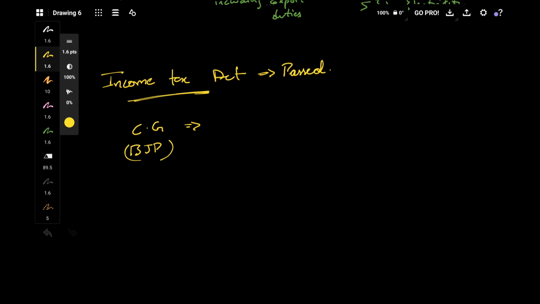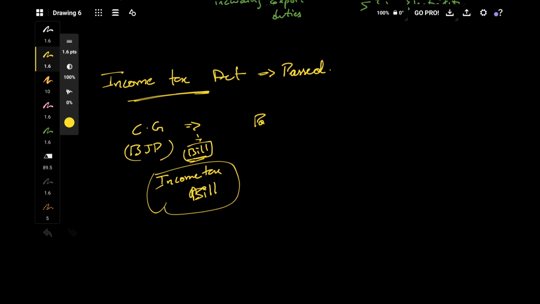First, a bill will be prepared, which is nothing but an act that isn't enforced yet. So the Income Tax bill will be prepared. It will not be called an act yet, and it will be taken to Parliament.